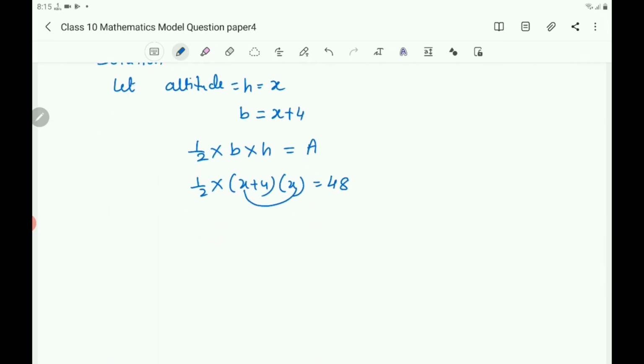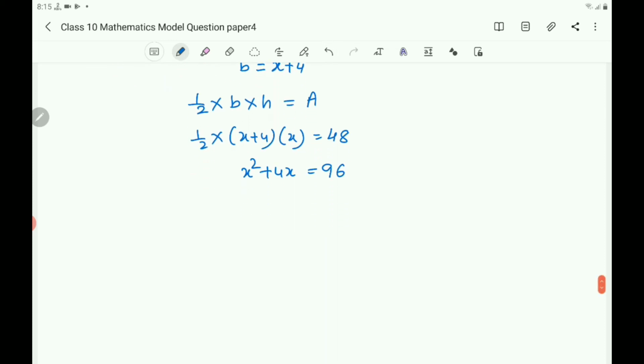Then you write x into x, x square plus 4x, 2 into 48. 2 into 48 is 96. So you got x square plus 4x minus 96 equals 0.